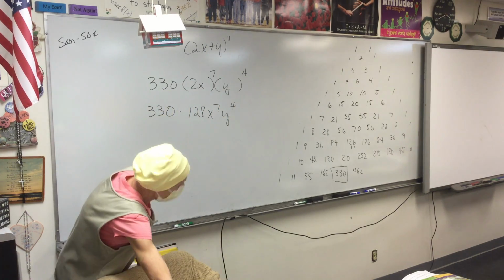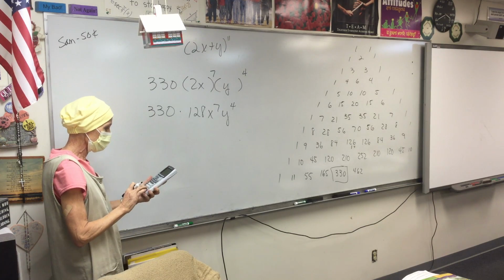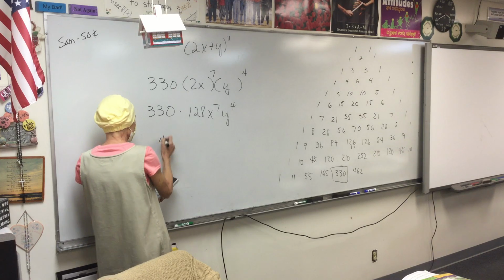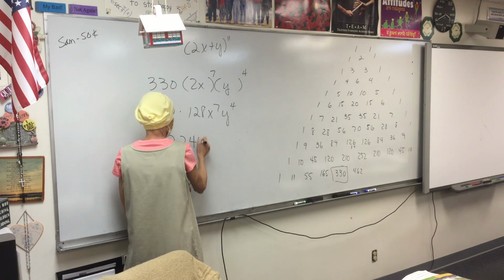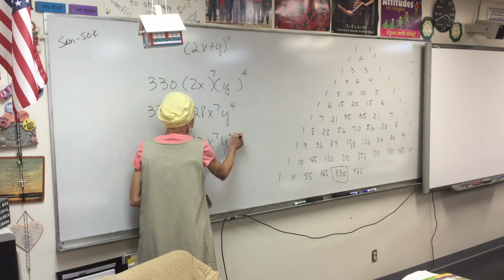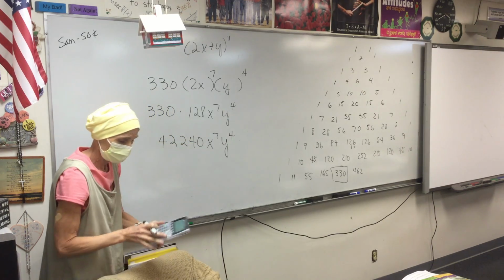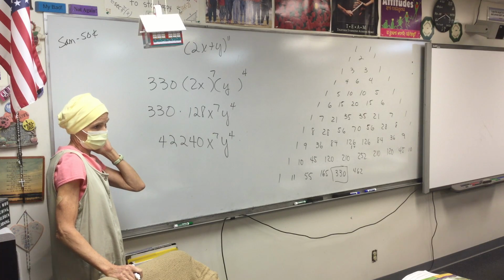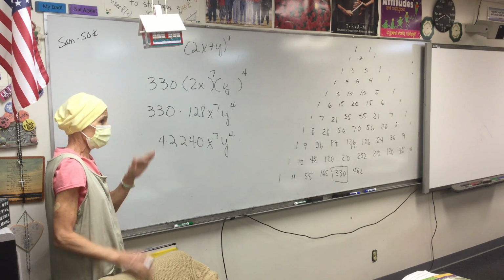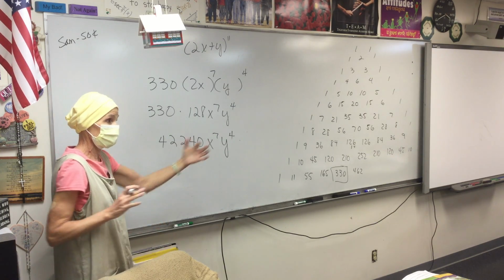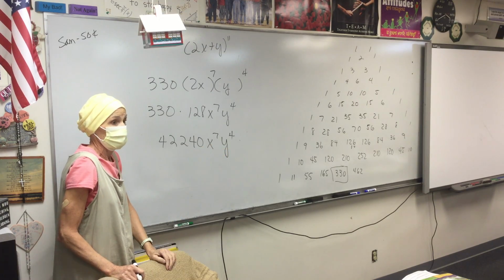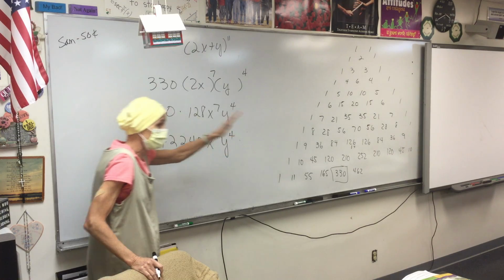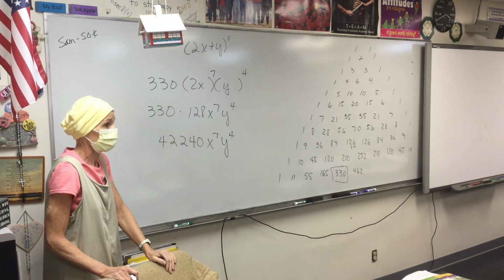And so now I have to take 330 times 128. So my final answer is this. Now, that is just one term of the sequence. Instead of having to do all the terms, we only found one of them.